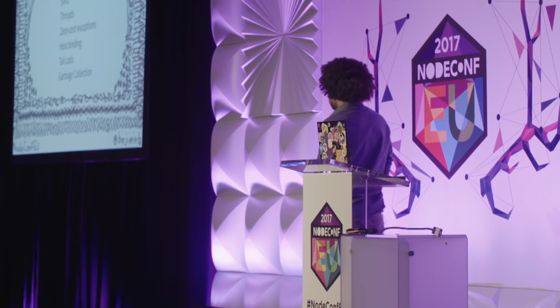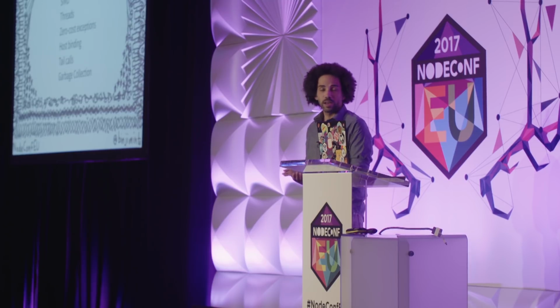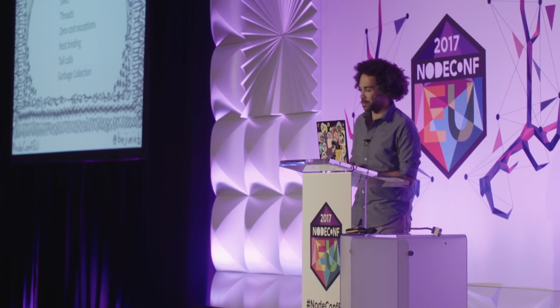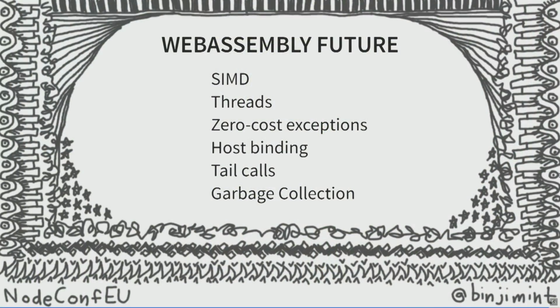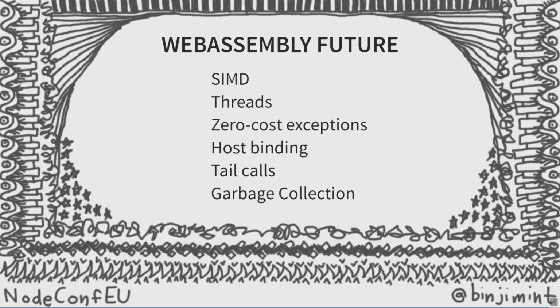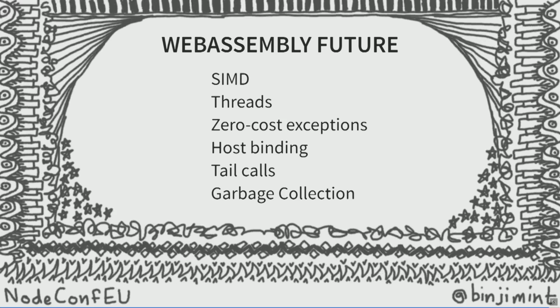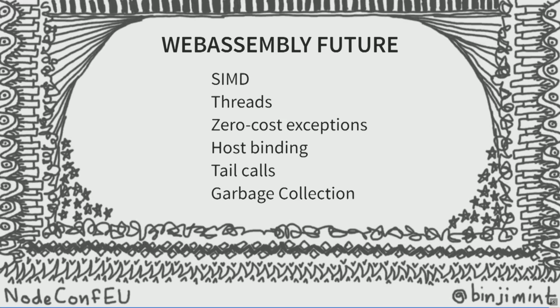So here's some things that we're working on in the CG, the community group for WebAssembly, that I'm super excited about because I'm actually one of the champions for. So SIMD, like I said, some things to get some additional performance. Threads, which I know some people are very excited about, and some people are like, why are you doing this? But trust me, it's awesome. That's the one I'm the champion for.